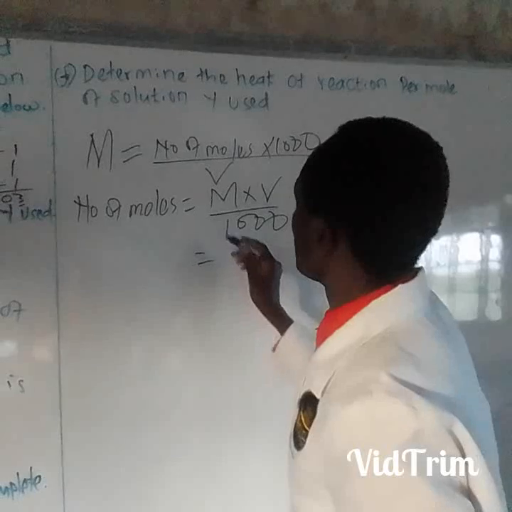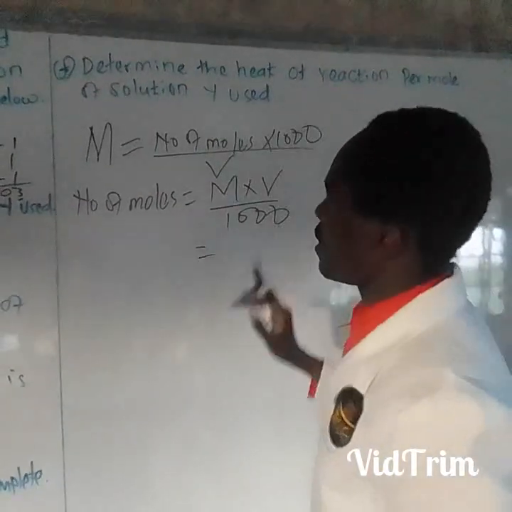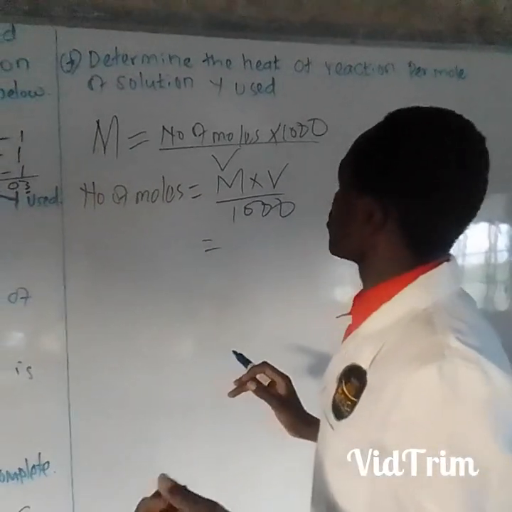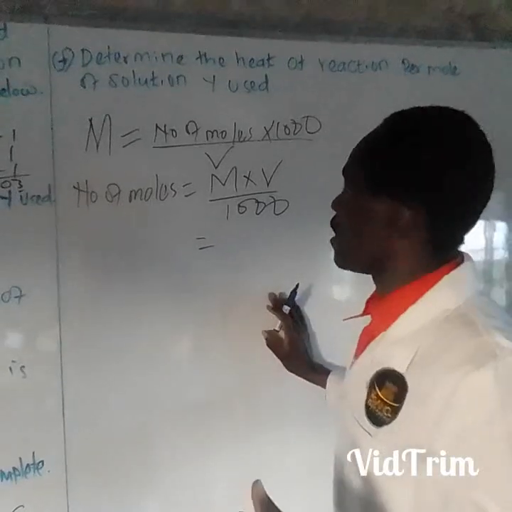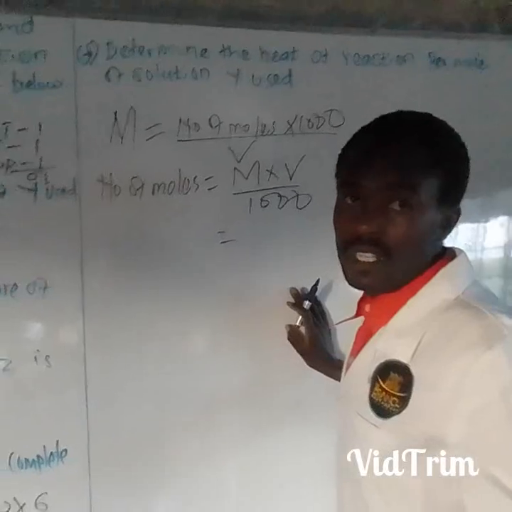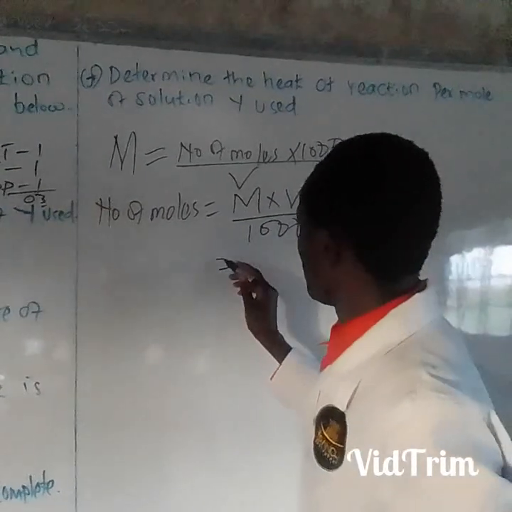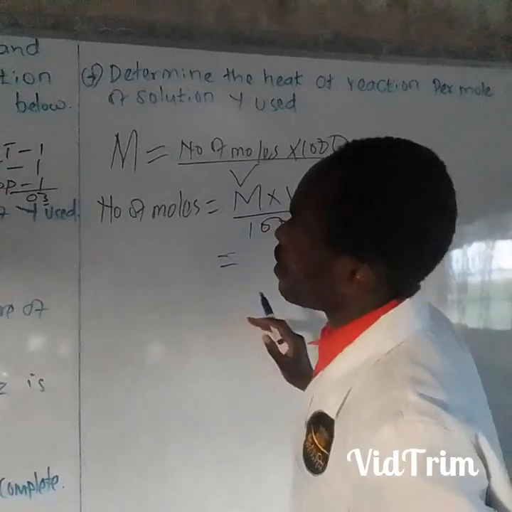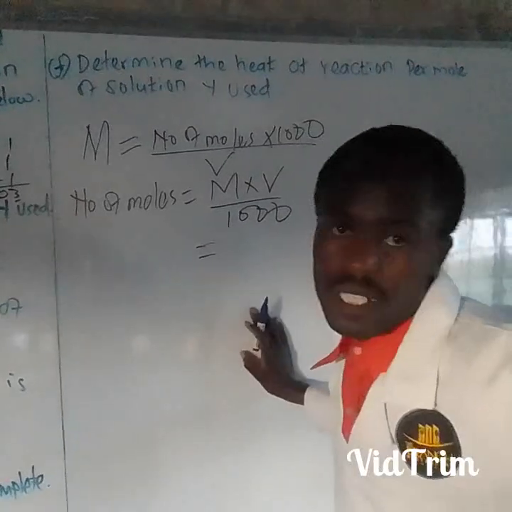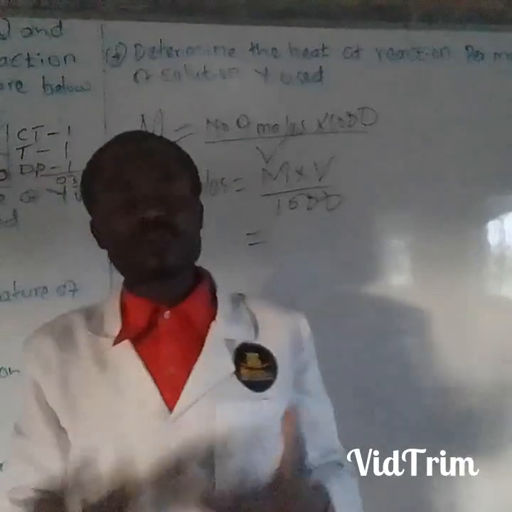But in this case, we are determining the heat of reaction per mole of solution Y. And remember, solution Y is an acid. Are you getting? Is it okay? So in this case, we ask ourselves, how do we calculate the number of moles of solution Y?